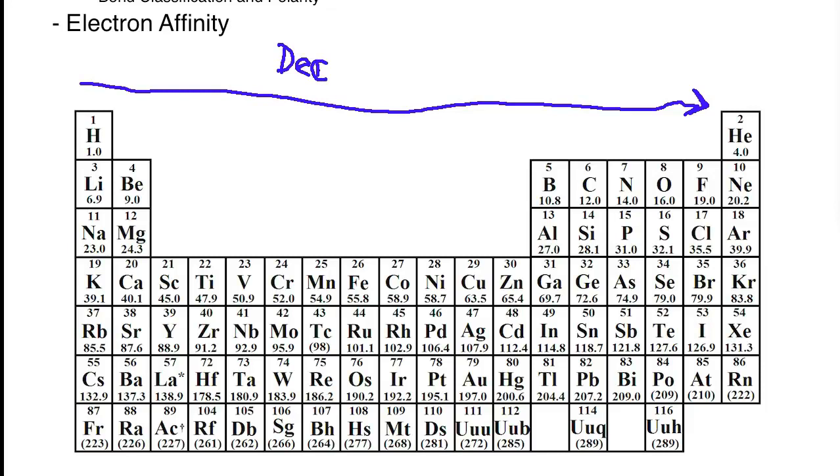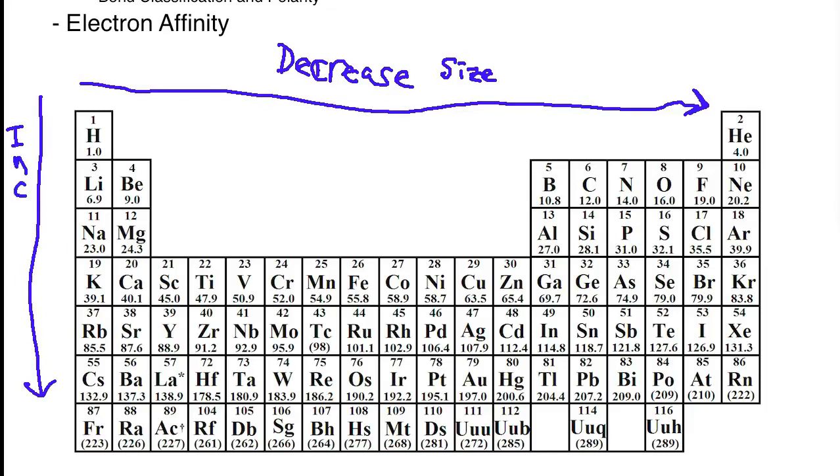You should be thinking about why this is the case as we're going through this, because we just talked about effective nuclear charge, so try to scaffold that in. So we're going to decrease in size as we're moving this way, and then as we're going down this way, we are going to increase in size as far as the atoms go.